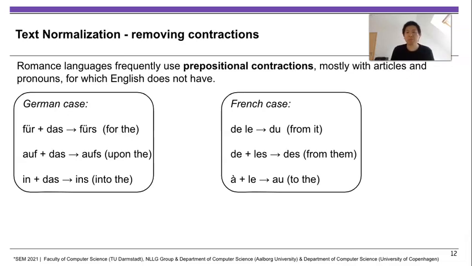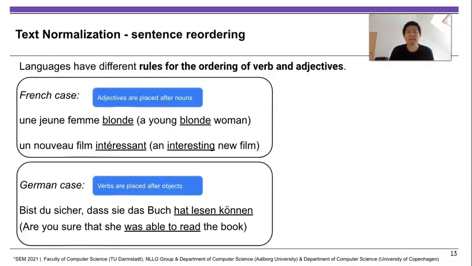So we have to remove contractions from German input sentences. And the second solution we investigated for text normalization is sentence reordering, because languages often have different rules for the ordering of verbs and adjectives.